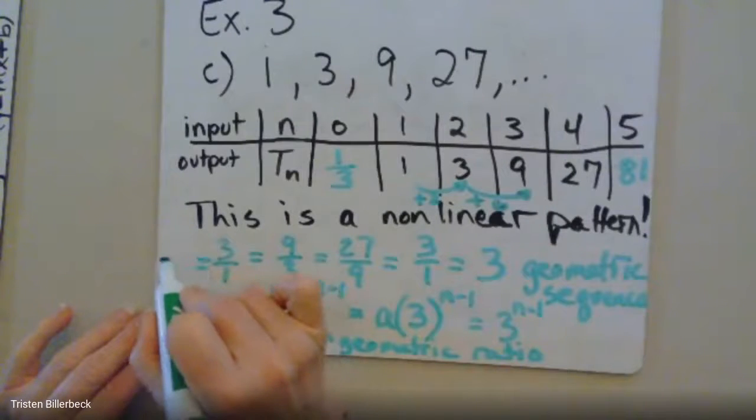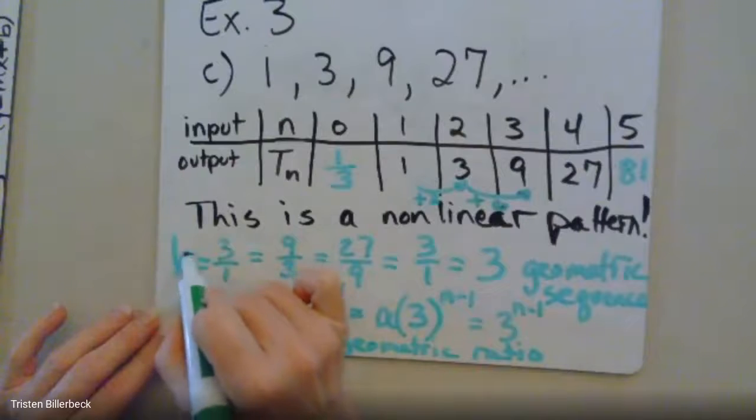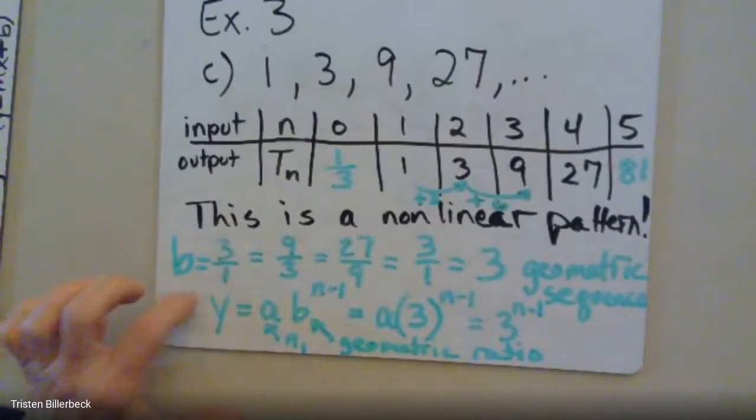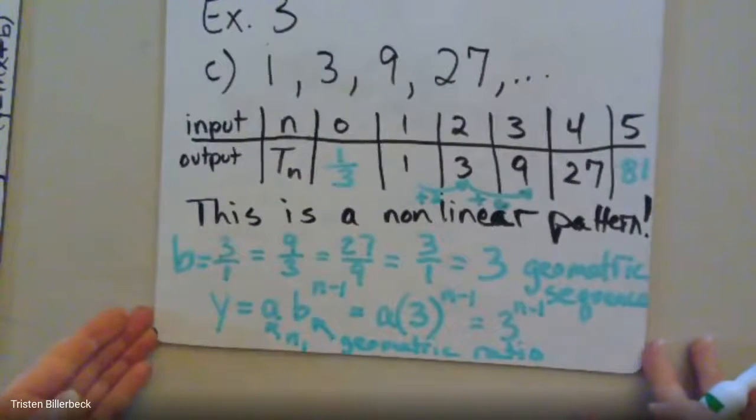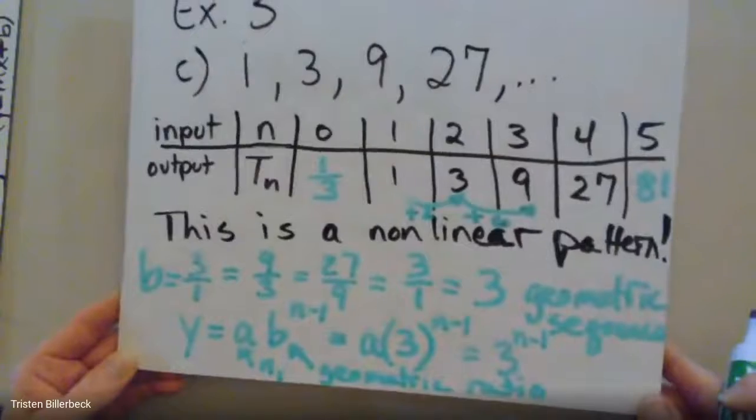Normally it's written as an R, or B. We used a B, but you'll see an R in many cases for that. All right. But that's not a 7th grade standard, just teaching you a little more.